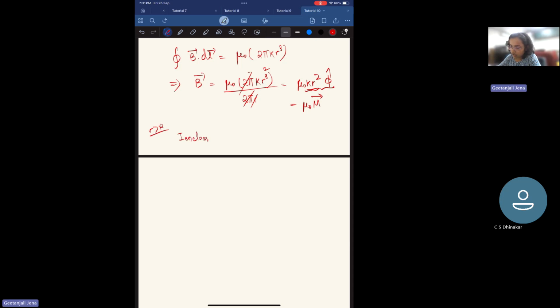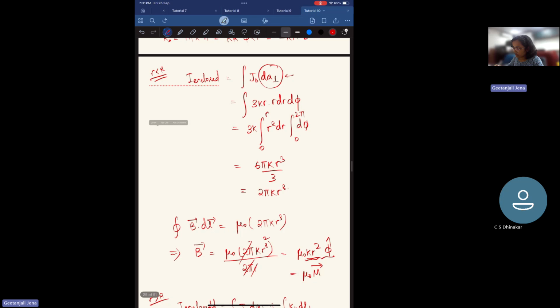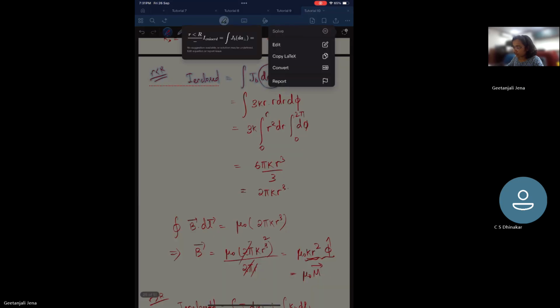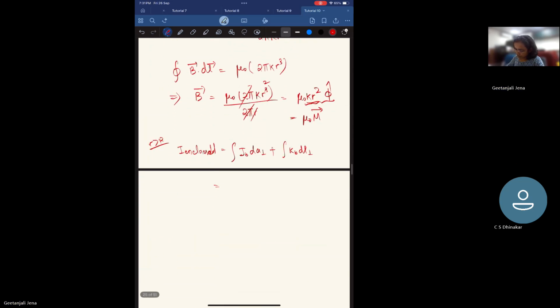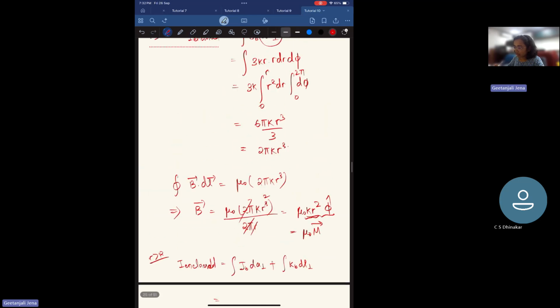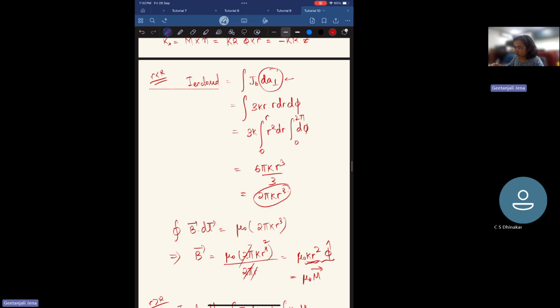So I enclosed is the integral of J_b dA perpendicular plus K_b dl. J_b is 3k r, or we can directly take the value of the integration, which is 2πk R³.